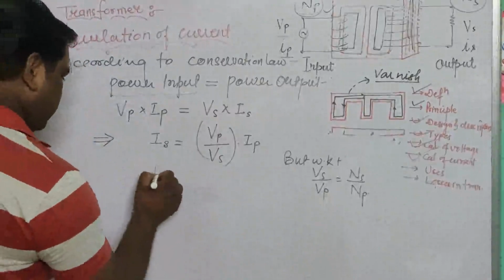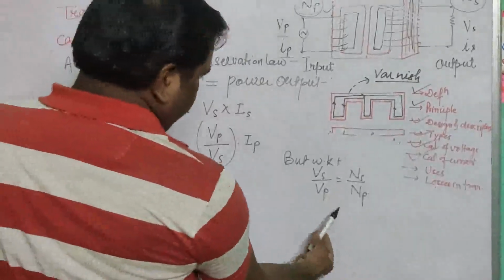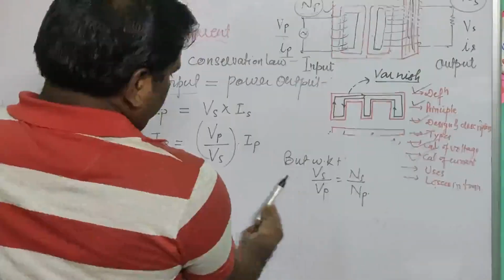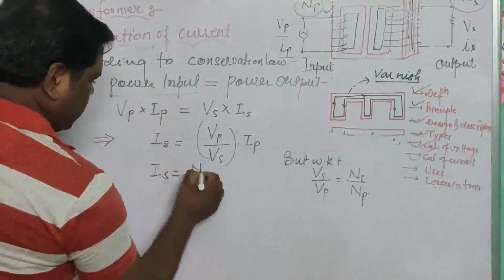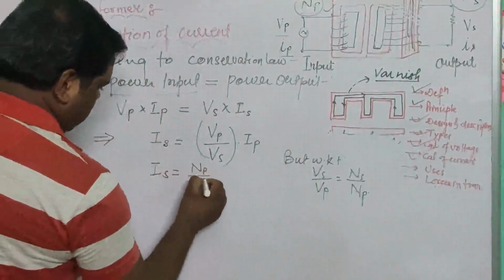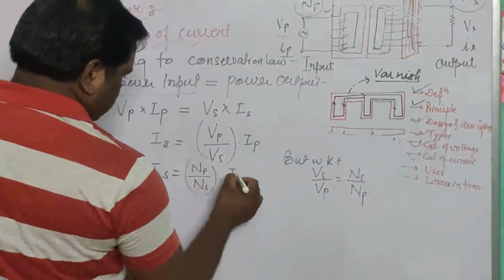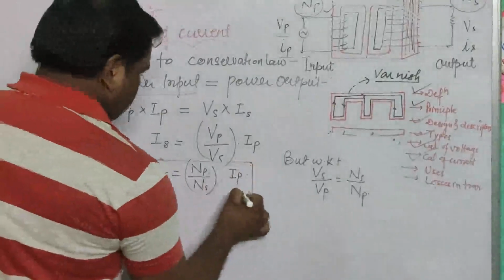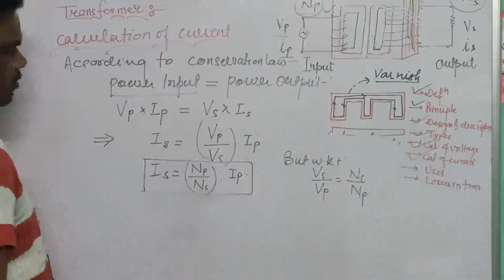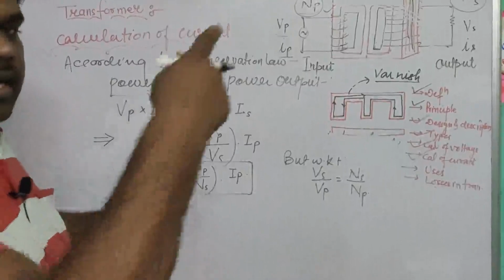Let us write down. So Is will be equal to, here it will transpose to Np upon Ns into Ip. So this is a calculation for current in terms of current across the secondary coil.